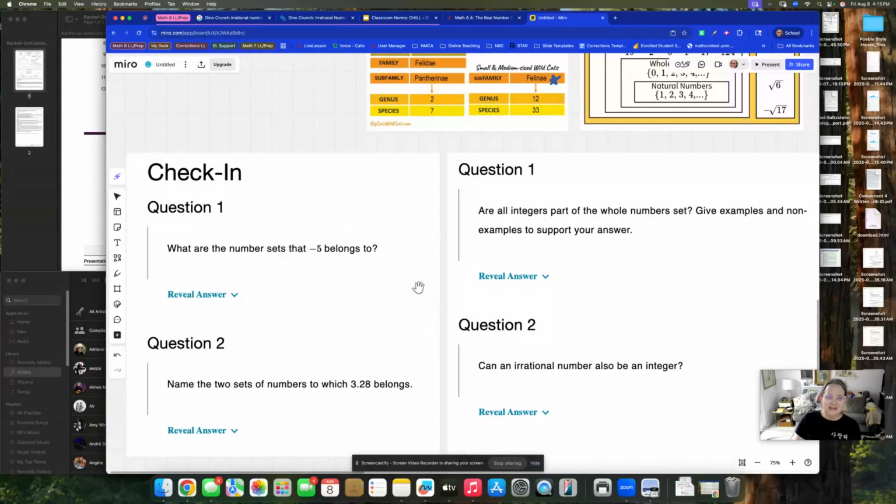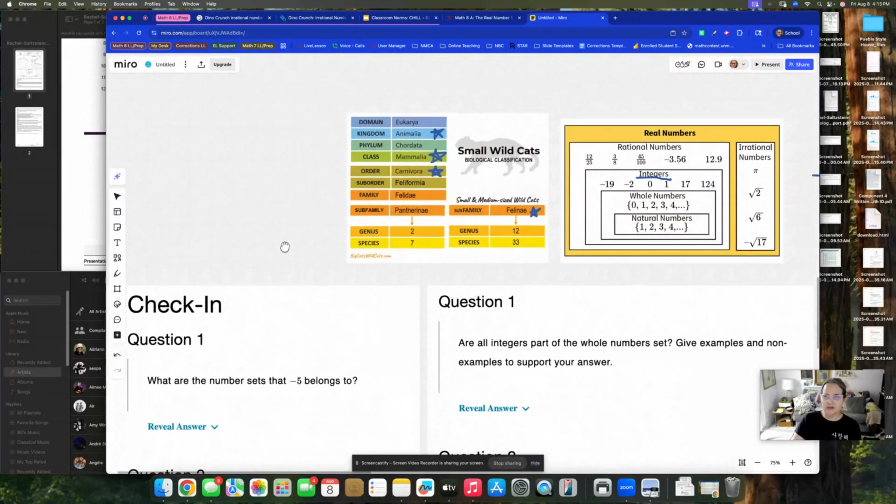So what are the number sets that negative 5 belongs to? That's my first question here. Negative 5 is not going to be in the natural number set, because those are all positive numbers and it doesn't include 0.